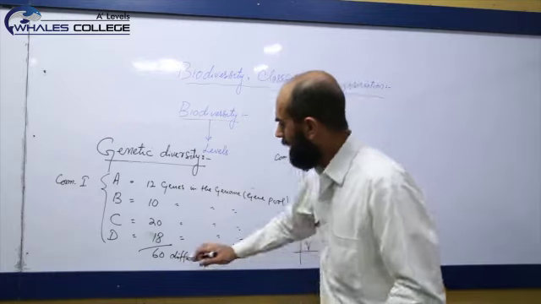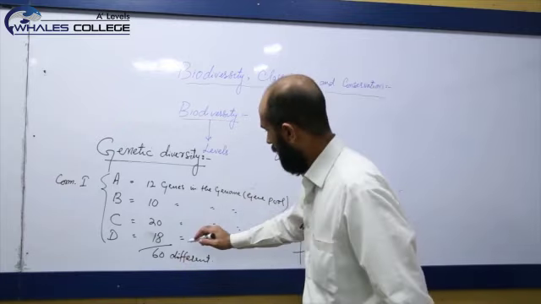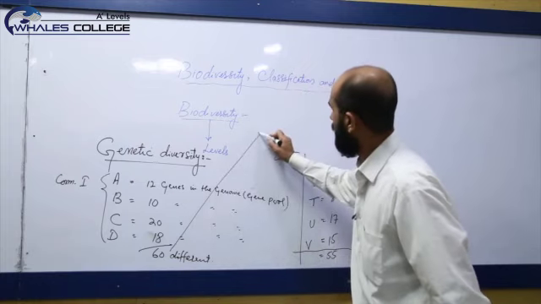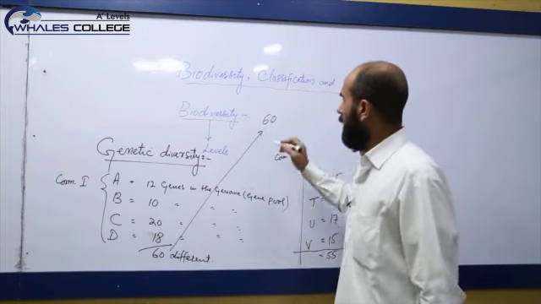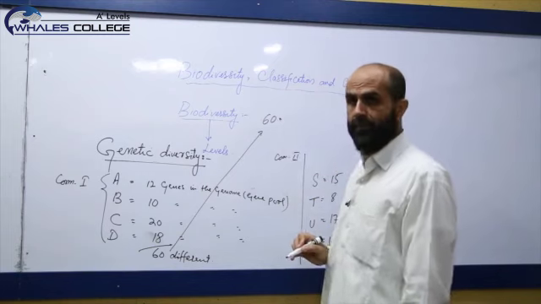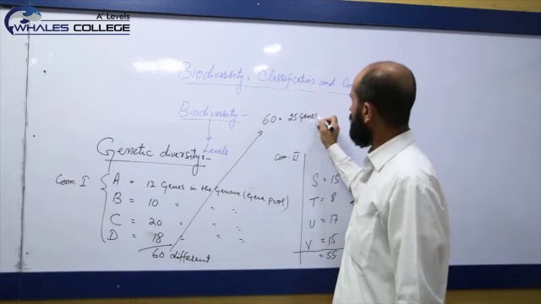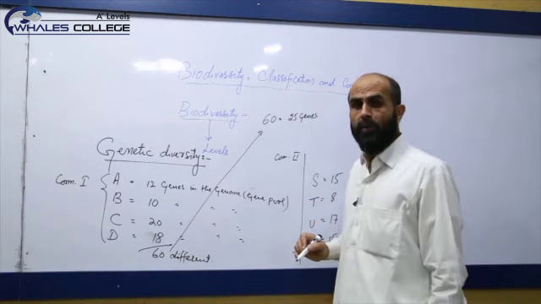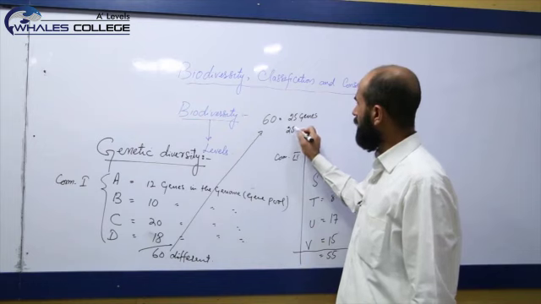Now, an example. Suppose in these 60 genes, which is the total number of genes in community 1, 25 genes have 4 alleles per gene.